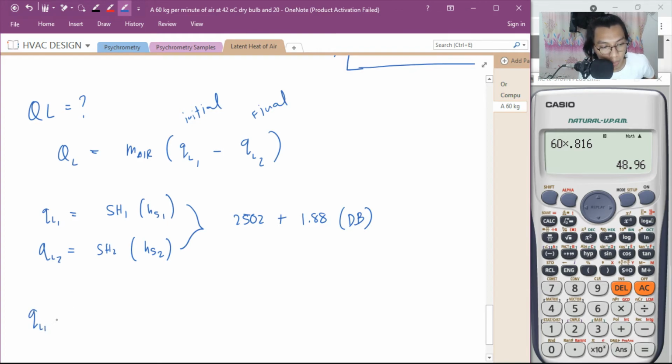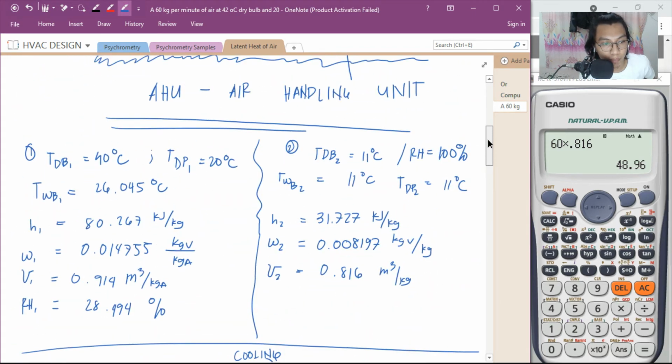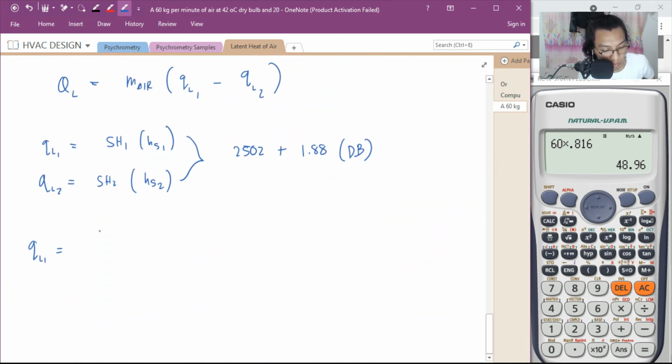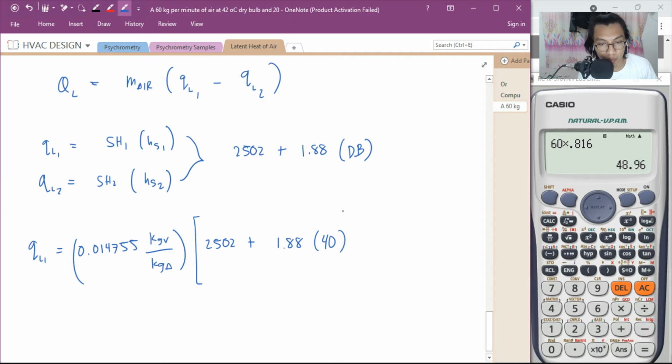O, pwede natin masolve itong QL na itong dalawa. So, QL1 is equal to SH, specific humidity nung 1, 0.014755 kilogram vapor per kilogram air. Tapos, yung HS, buo, 2502 plus 1.88 multiplied to 40 kilojoule per kilogram vapor.